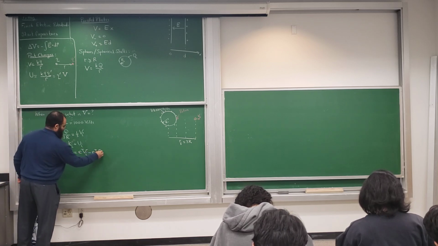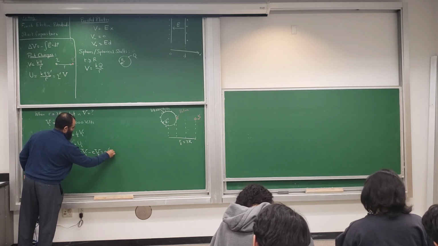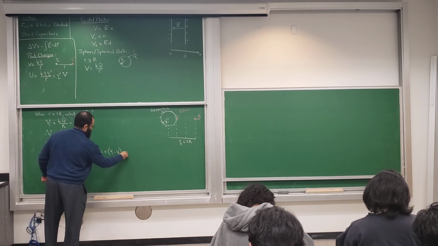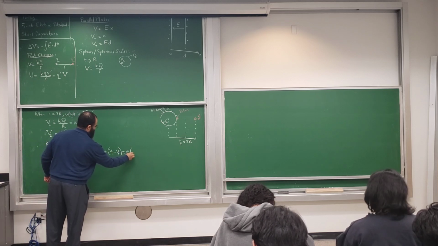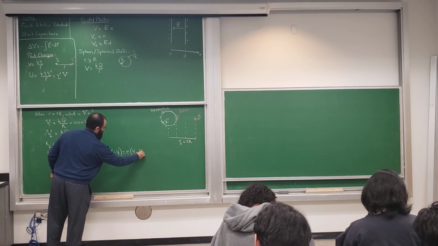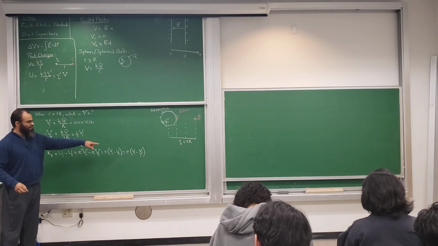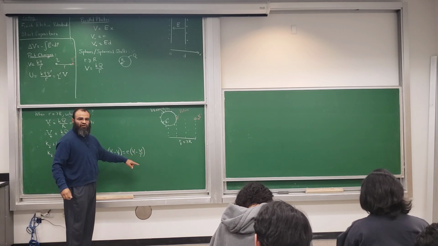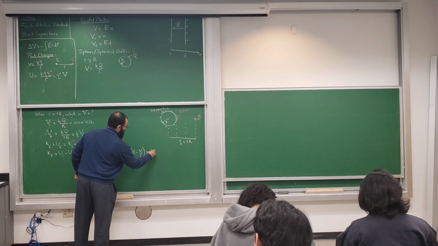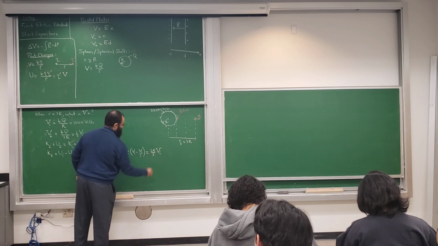So we just get e times V initial minus V final, which is e times V initial minus V initial over 3, right? V final is 1/3 of that, and 1 minus a third is 2/3, right? So we simply get 2e over 3 times V initial.